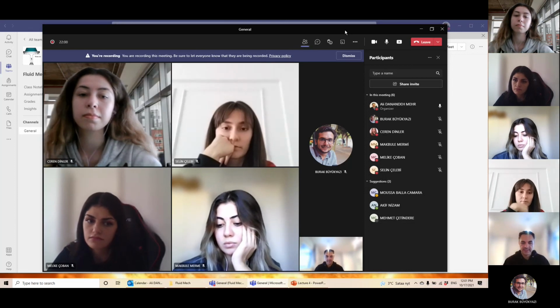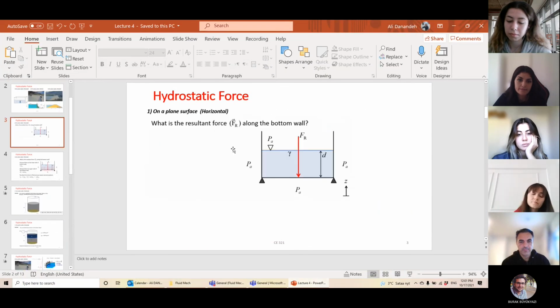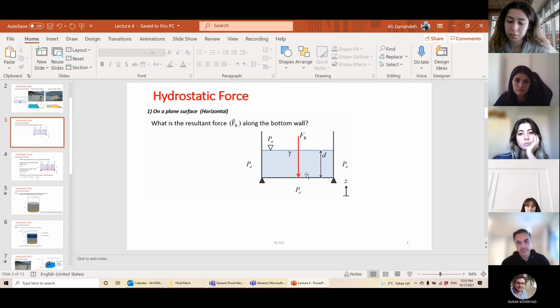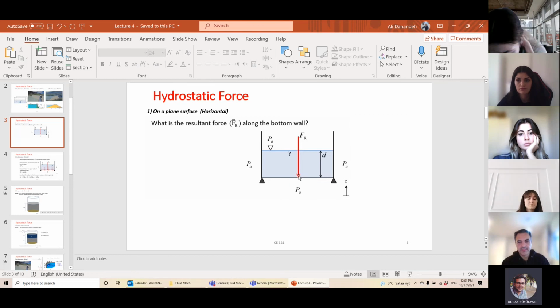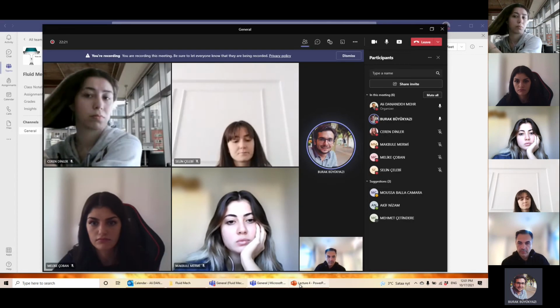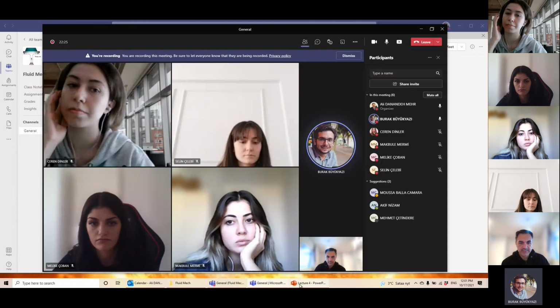For example, let's see our first example. You see, I showed that the resultant force acted here. Where is it? Middle of side? Am I right? Middle of bottom, for example.